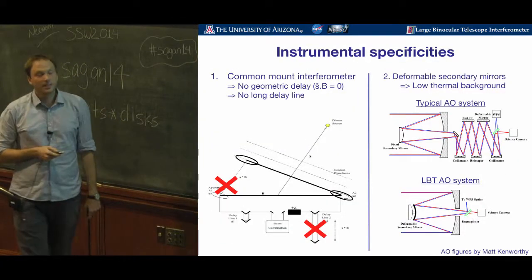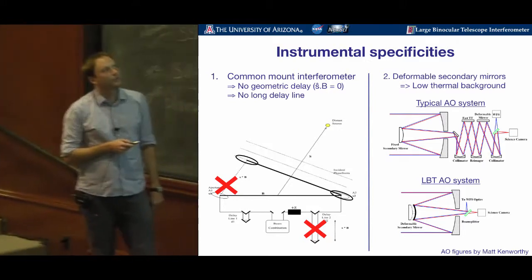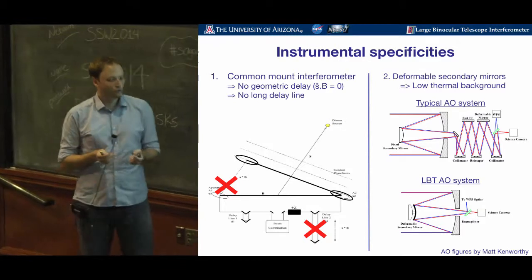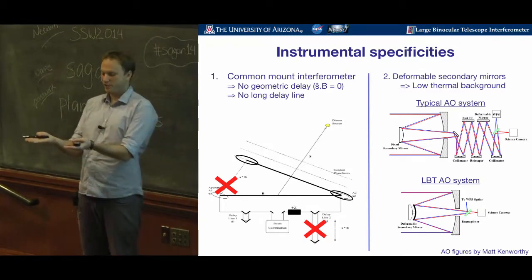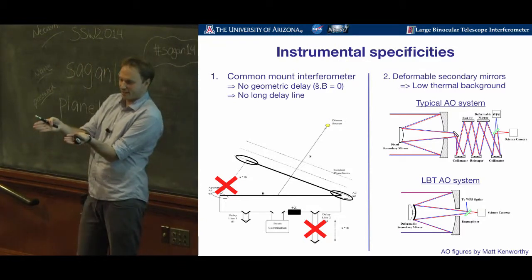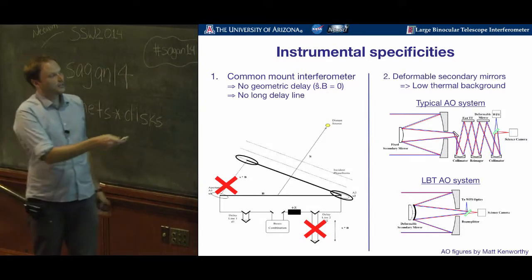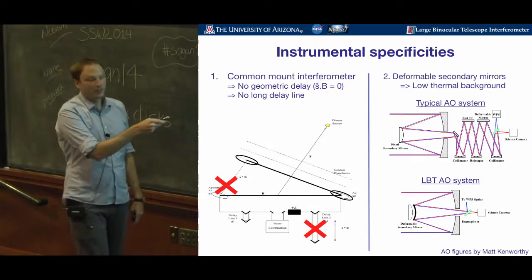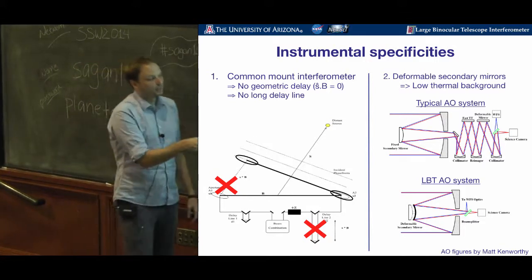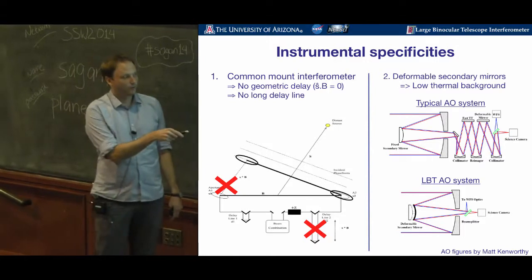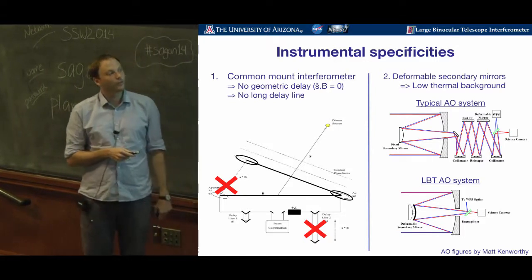Instrumental specificities. The LBT is a common mount interferometer. Usually when you have an interferometer, you point to a star and you do this. But with the LBTI, you first move the telescope and then you do this. So there is no external geometric delay, meaning there is no complicated delay line. We have only small delay lines, a few microns, to compensate for the geometric delay.